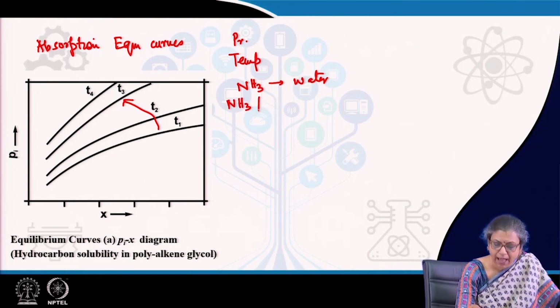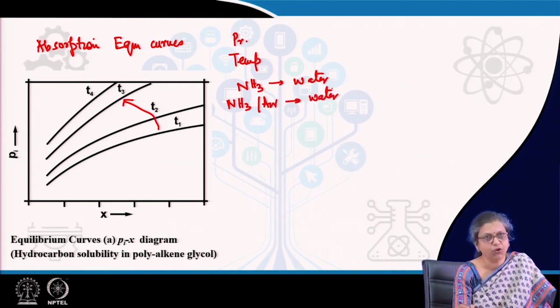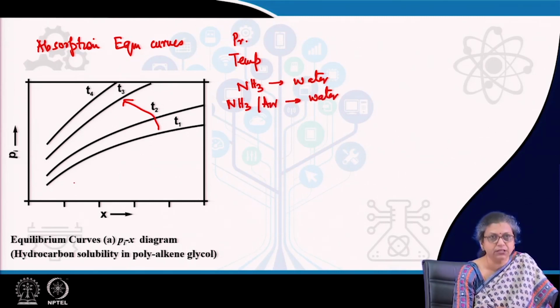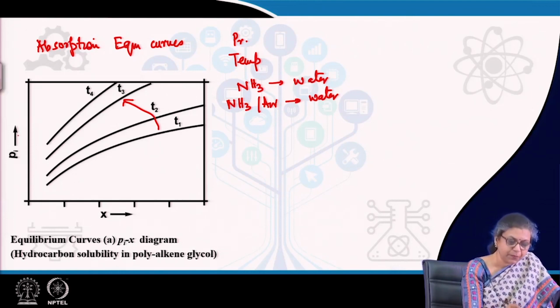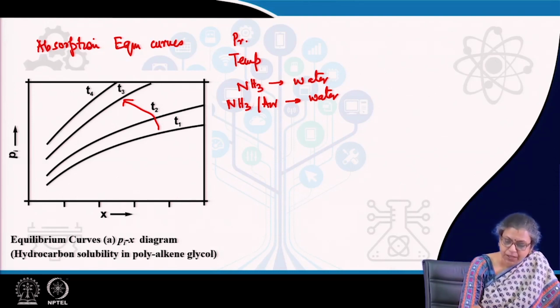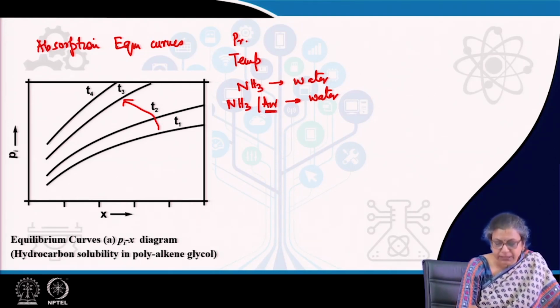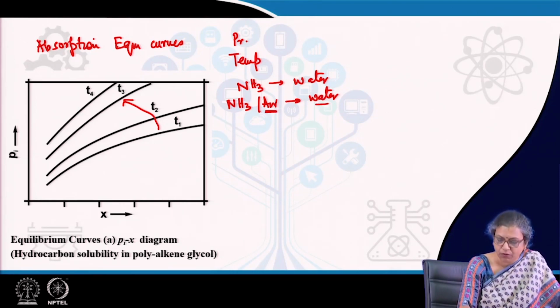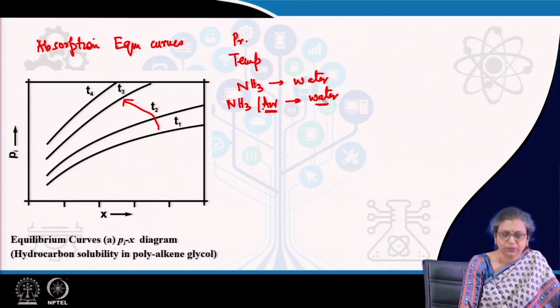Again, suppose we have an ammonia-air mixture and we contact it with water and try to generate the curve. If we express the equilibrium curve in terms of Pi and Xi, then we find that if the ammonia is mixed with some component which is sparingly soluble in the solvent, then when we bring the ammonia-air mixture in contact with water, the Xi remains almost constant, it does not change.